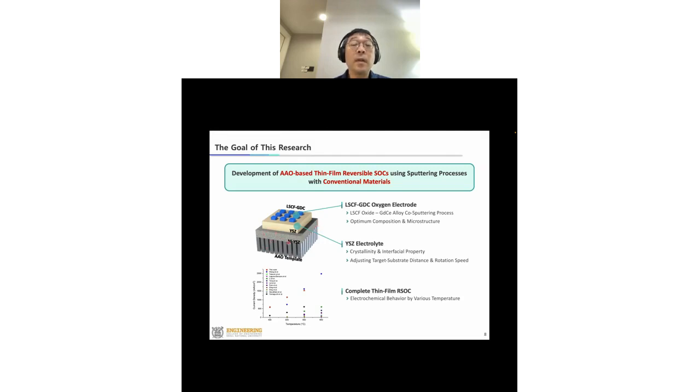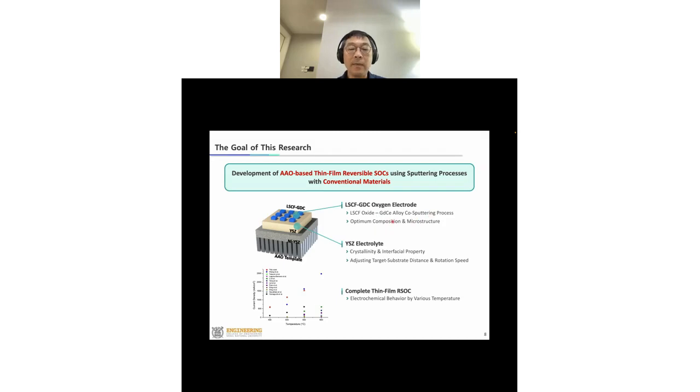The electrode is made of nickel metal and yttria stabilized zirconia, and the electrolyte is also made of yttria stabilized zirconia. The oxygen electrode is made of this LSCF material, which was introduced before, mixed with gadolinium doped ceria, which improves the oxygen conductivity at the electrode. I will show you that this electrolyte and this complicated oxygen electrode can be made by the vacuum process.